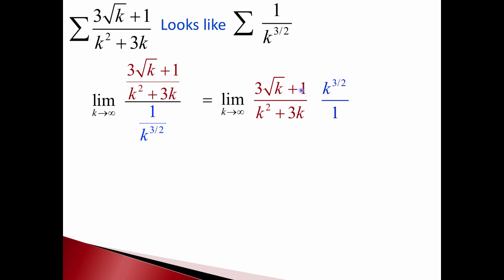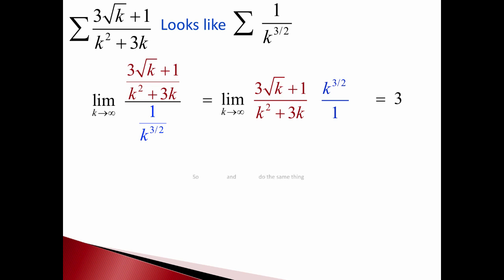And the other part, the 1 times k to the 3/2, doesn't matter much when I look at the tower of power. Neither does the 3k. I'll end up with a 3k squared over a k squared. Those tie on the tower of power, and my limit turns out to be 3. So perfect. 3 isn't 0. 3 isn't infinity. It means these two things actually, honest to goodness, do tie.